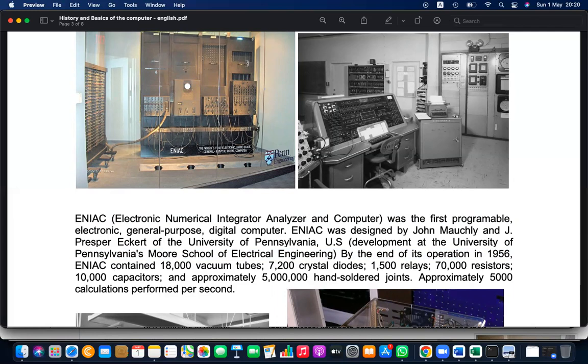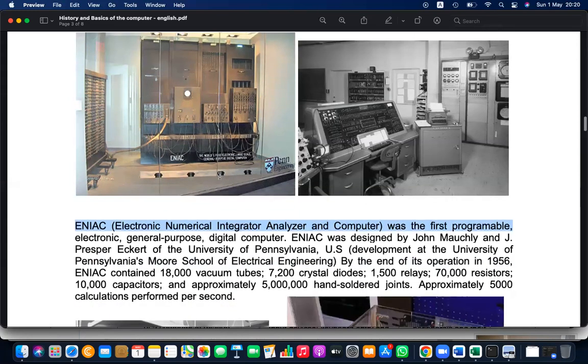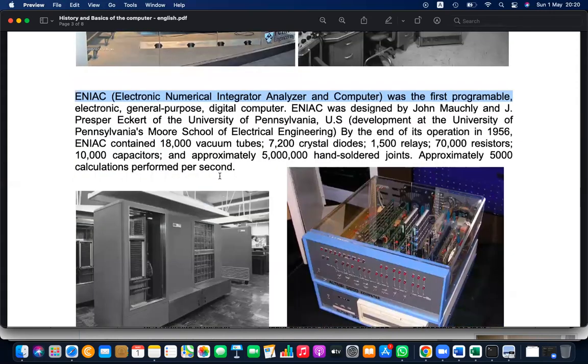In World War time, secret projects were going on. People were doing research, but they didn't publish. But this is the first published project as the first electronic computer. You can see this is a part of that. This is not the entire computer, just a part of it. In earlier days, computers were like a large room, a large garage.